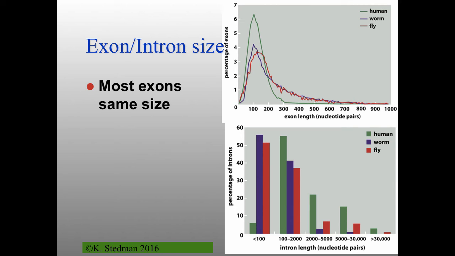So if you have SR proteins bound to your pre-messenger RNA, that says, hey, this is a place that we want to splice. Another way that the cell seems to know that these are particular places to splice is that exons are almost always the same size. They're about 150 nucleotides in length.